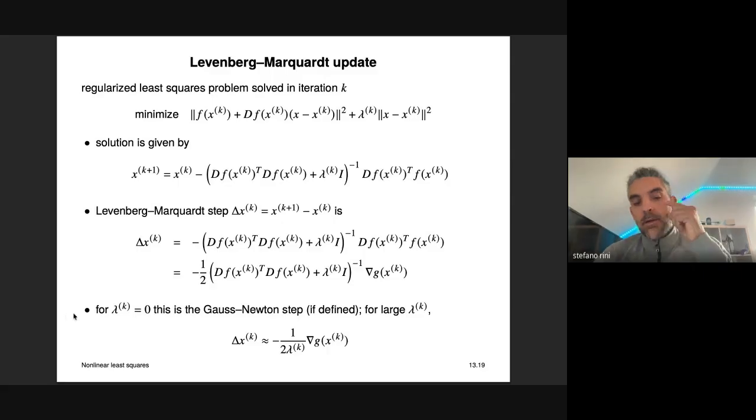When lambda k is equal to 0, then we recover the original step. But when lambda k is very large, then the delta k will become proportional to 1 over lambda k. So this will be a very small term, because lambda k is large, and so you're taking very small steps.